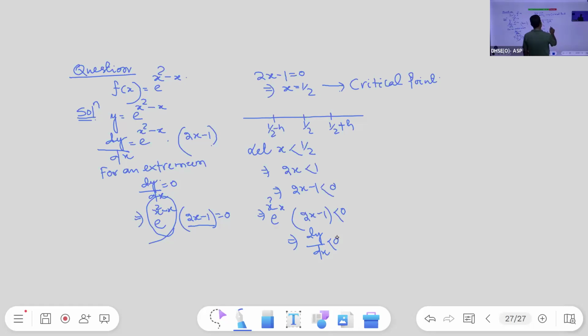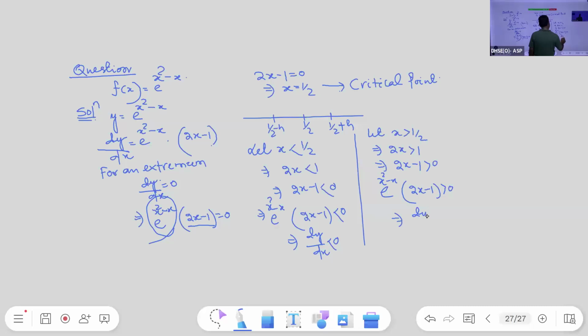Again, let x greater than 1 by 2. This implies 2x greater than 1, so 2x minus 1 greater than 0. So e raised to the power x square minus x into 2x minus 1 is greater than 0.